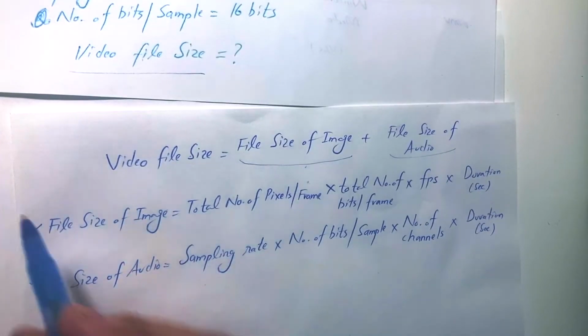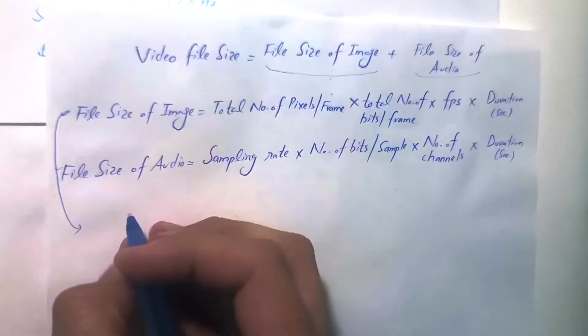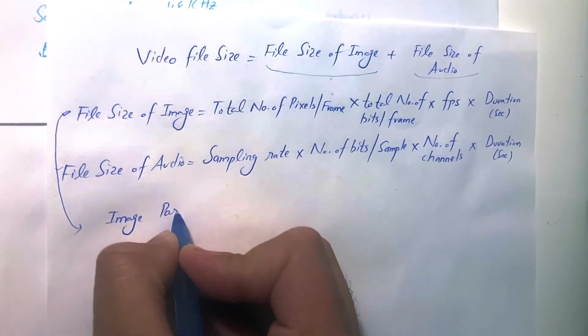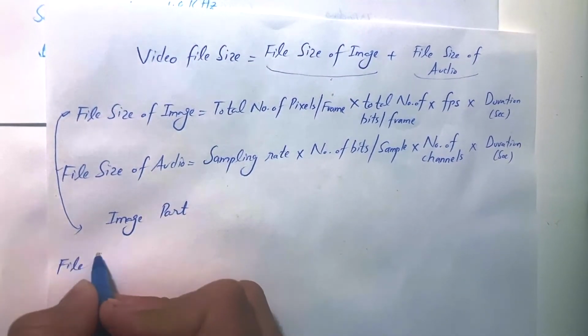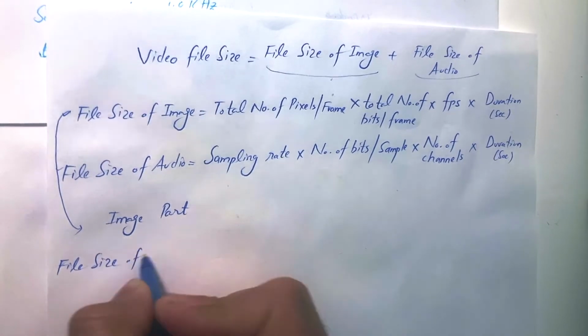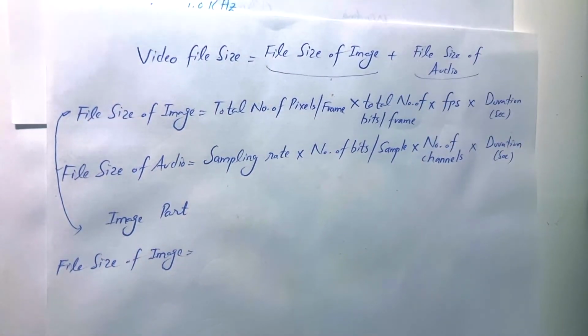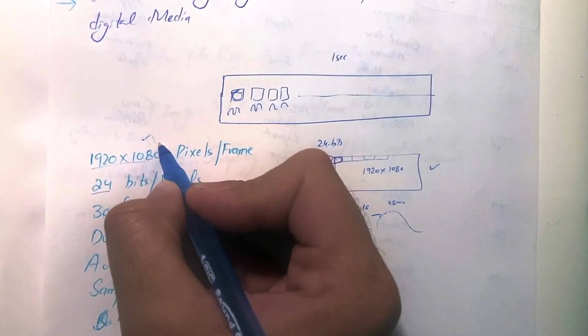So firstly, let's solve the image part. For the file size of image, what is the total number of pixels per frame? If you see here, the total number of pixels per frame is 1920 multiplied by 1080.